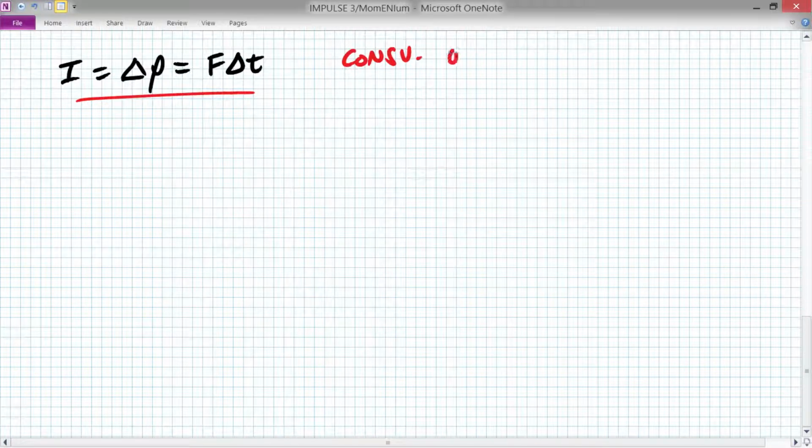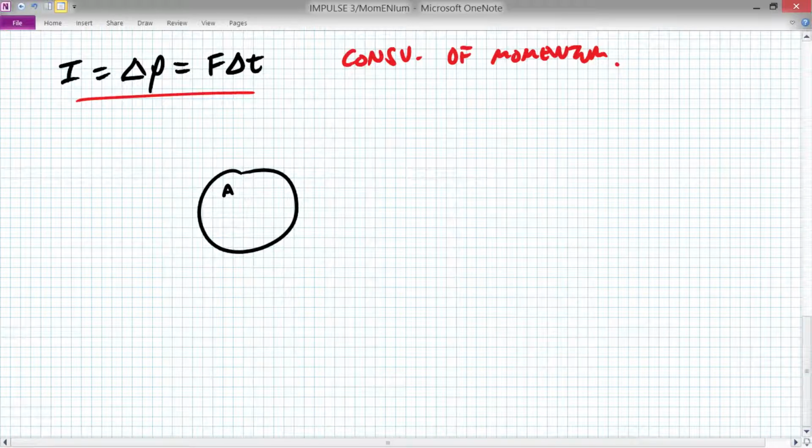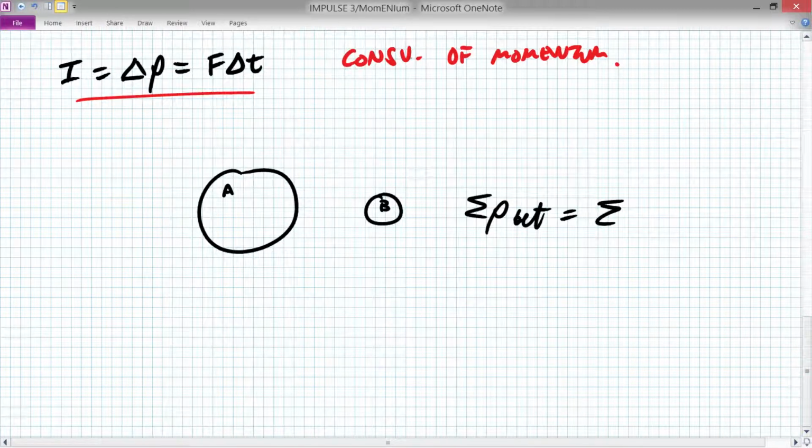The conservation of momentum law simply says that if I've got some collision situation, so I'll just take two arbitrary masses, I'll call them mass A and mass B, a smaller mass, should these two collide, the total momentum before must be equal to the total momentum after, and that has to be true based on this derivation that I'm going to show you now.